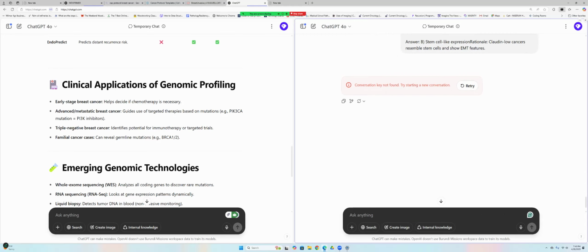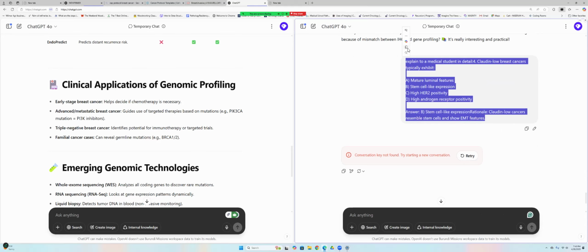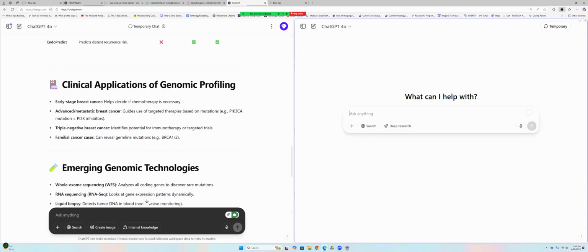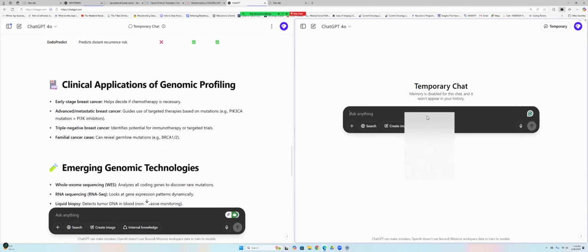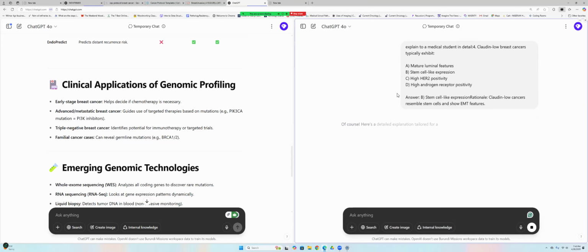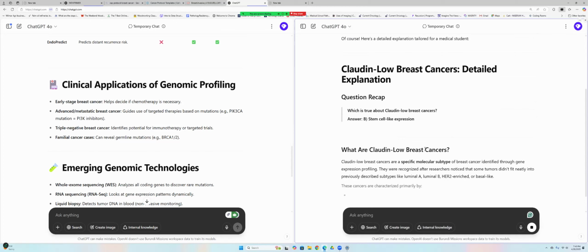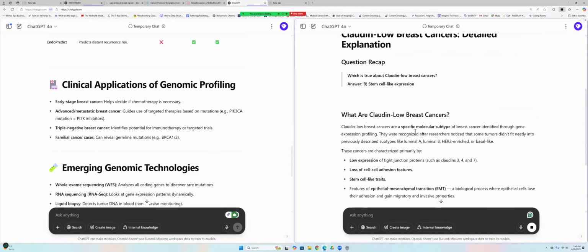Let's look at what you have to say here. What are Claudin-low breast cancers? Claudin-low breast cancers are a specific molecular subtype of breast cancer identified through gene expression profiling.